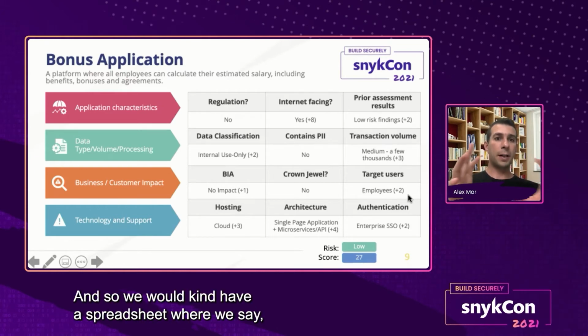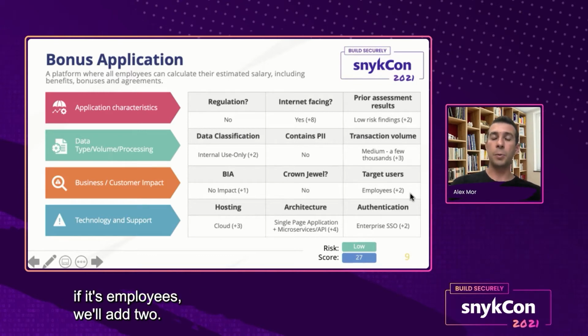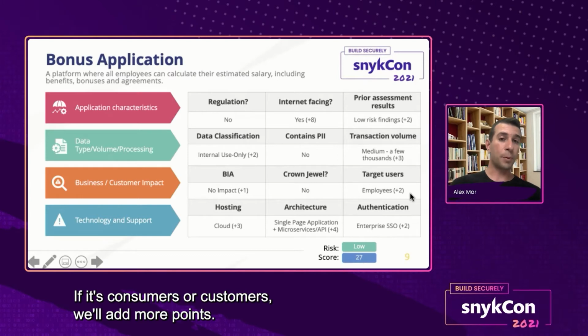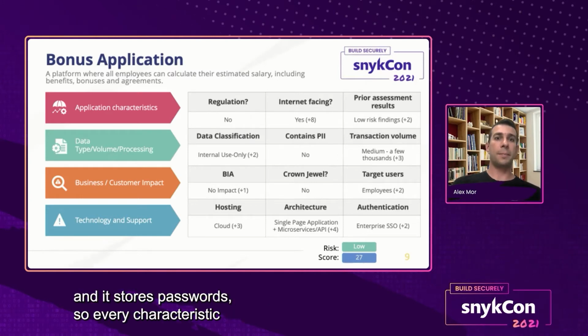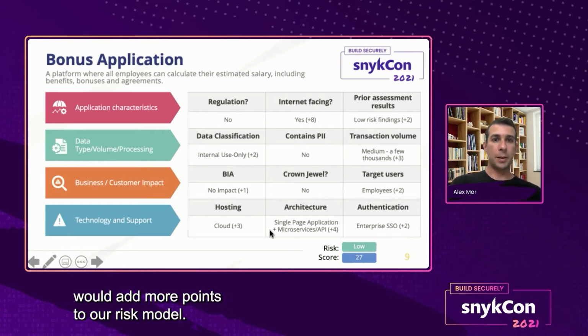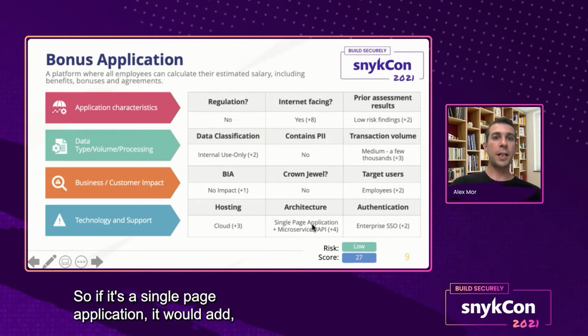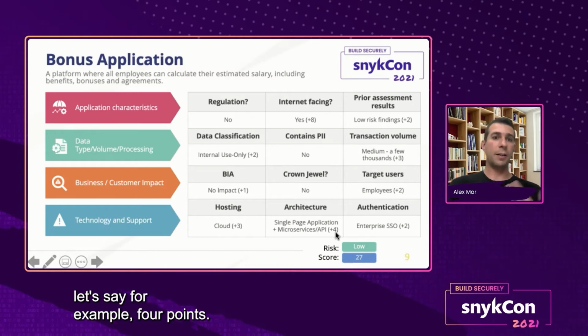And so we would have a spreadsheet where we say, if it's employees, we'll add 2. If it's consumers or customers, we'll add more points, right? If it's externally facing and used by customers, and it stores passwords, every characteristic adds more points to our risk model. If it's a single page application, it would add, for example, 4 points.